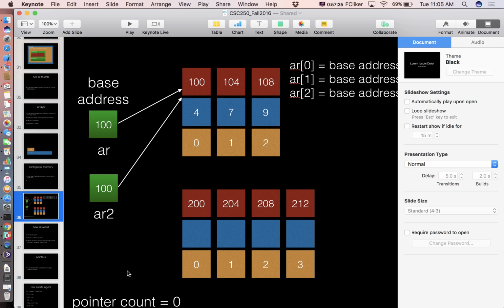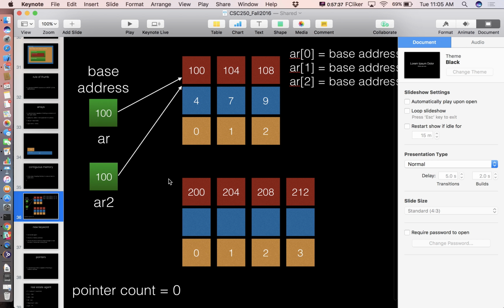So if I want to get to bucket 1 of this array, I go to the base address, I add to that 1 times the size of the value it was built to store, which is 4 bytes, 32 bits. So 100 plus 1 times 4 is 104.